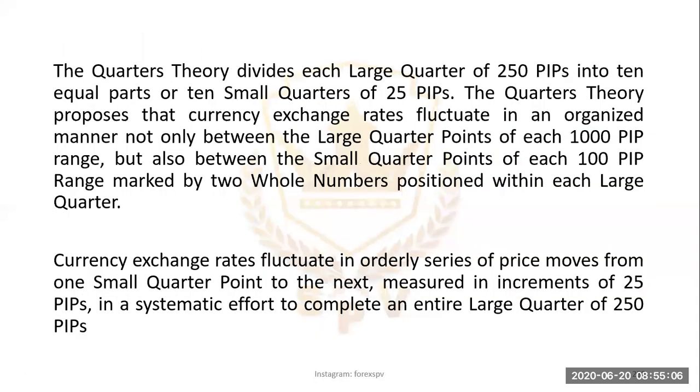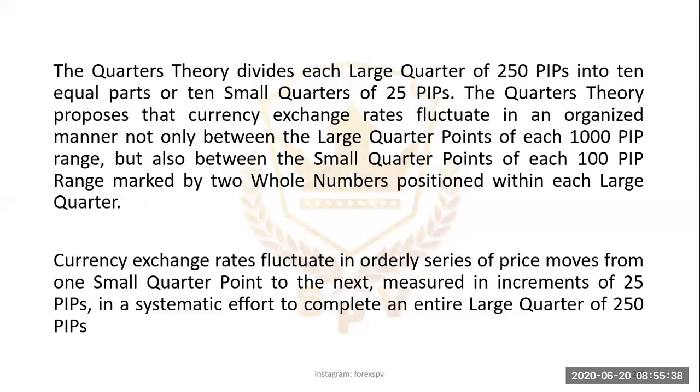Now, the quarter theory also divides each large quarter into 10 equal parts, and these are the small quarter points of 25 pips. The fluctuation of the 250 pip range also takes place in an orderly manner of a gradual increase of 25 pips.